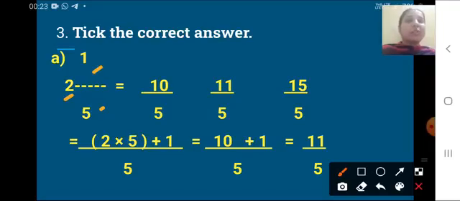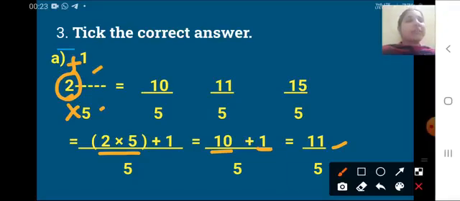First we will multiply the whole number, which is 2 here, by the denominator. So here you can see 2 multiplied by 5, and then we add the numerator to it. So 2 5s give 10 plus 1, upon 5. 10 plus 1 is equal to 11, and we will write the denominator as 5.